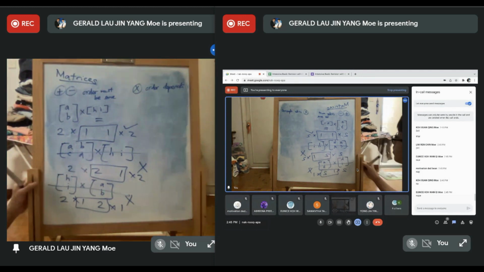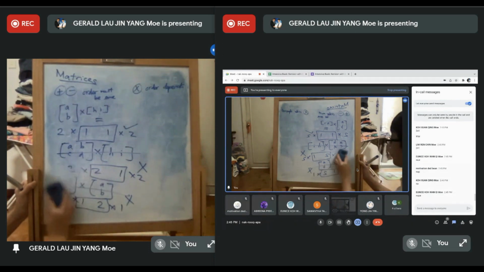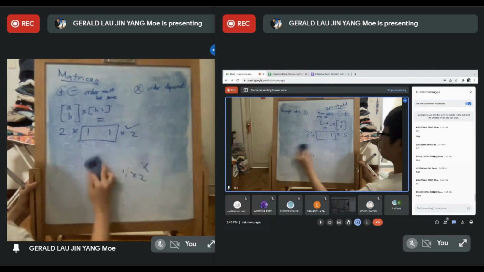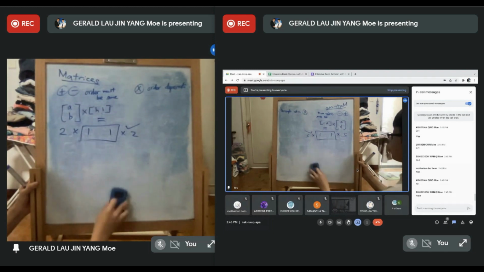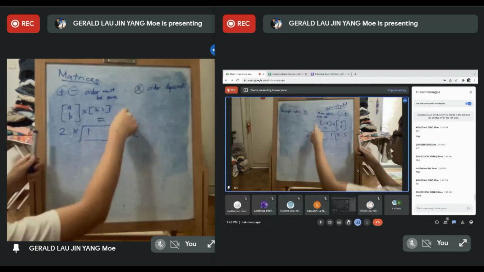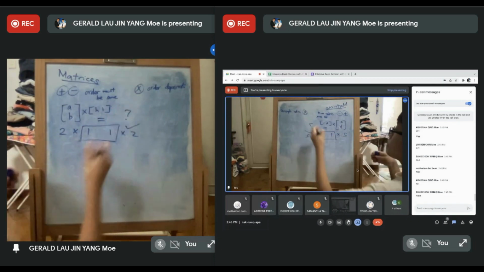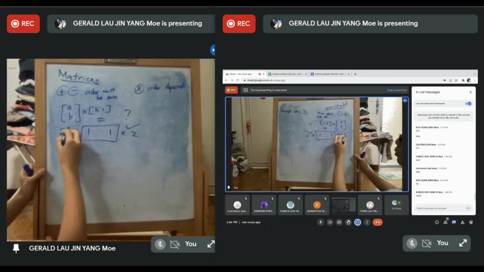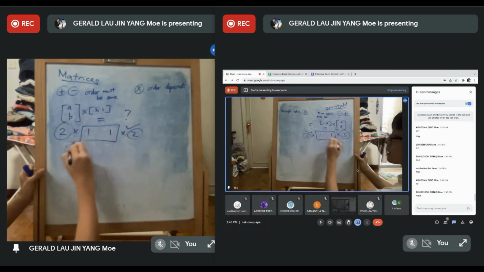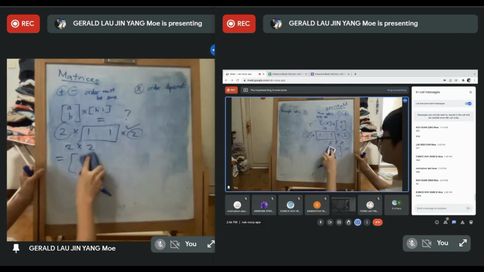Okay, now, another fun thing. If you look and it can multiply, then your product, what is the answer? The answer will be this times this. The order of your answer will be 2 times 2. So the answer you get will be of that order.